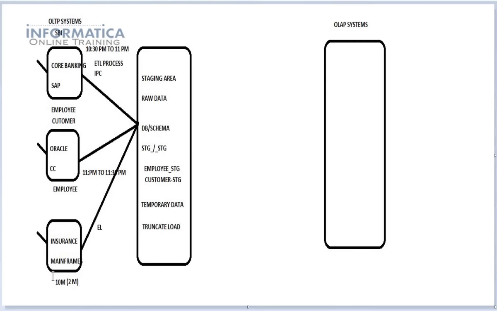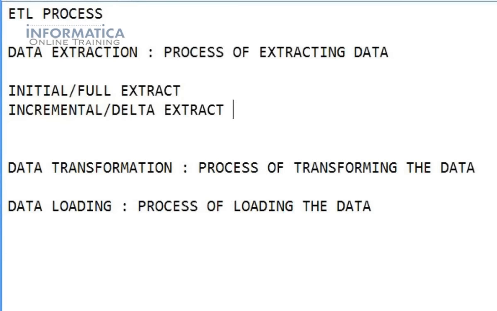Instead of extracting the whole 10 million records and processing them into the warehouse, you extract only the 2 million changed records. This concept of extracting only the changed records from the source is what you call an incremental extract or delta extract.